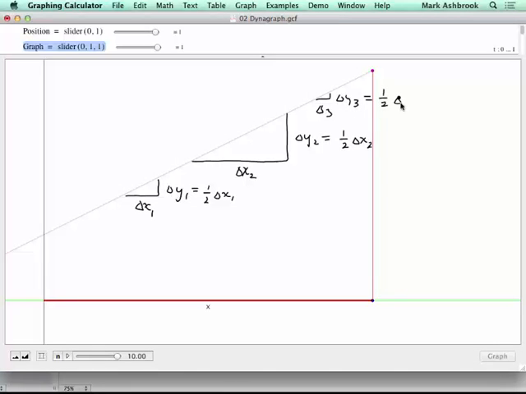So to get the corresponding change in y, you just multiply your given change in x by 1/2. It's that ratio of the changes holding constant that gives us a linear equation, a constant rate of change. Even though the ratio of y to x is always changing, the ratio of the changes is staying the same at 1/2.